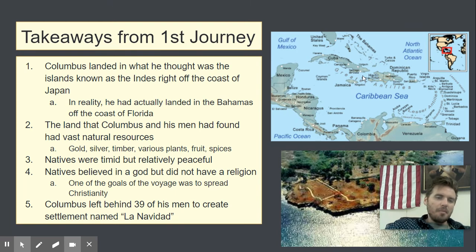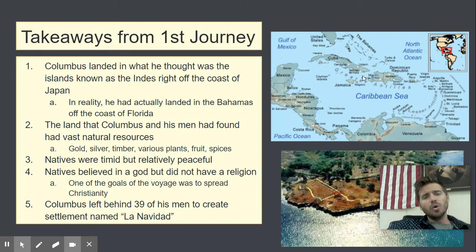So while they are timid and relatively peaceful, there does seem to be some sort of conflict in the area. Columbus talks about how the natives believed in a god, but did not have religion. More so speaks about them believing in heaven, and that all these great things are coming from heaven.